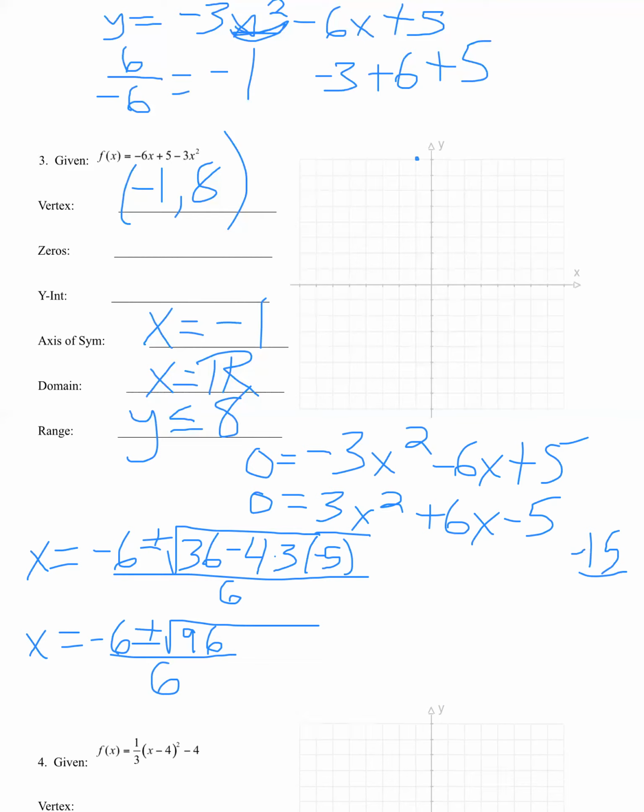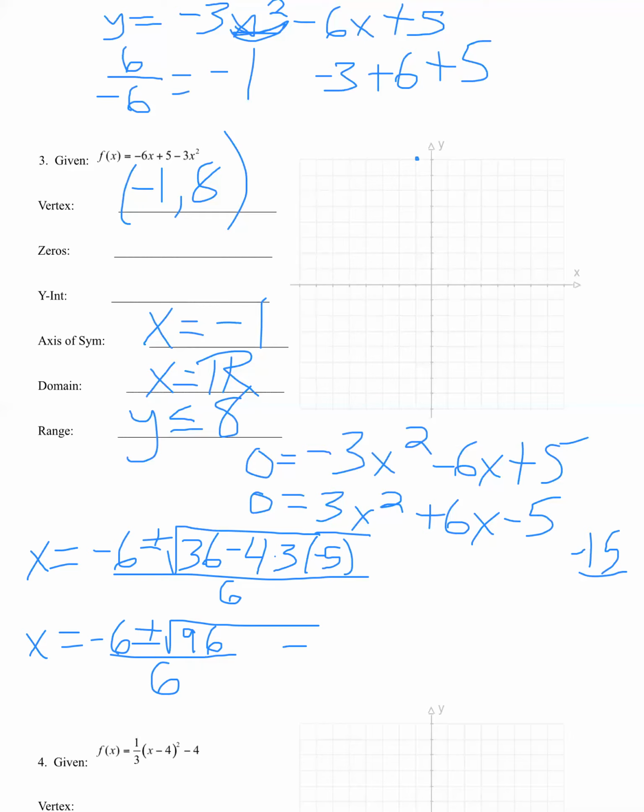Okay, so 96 isn't a perfect square, but does it have any perfect square factors? Oh yeah, 4, of course. It has 16. Oh yeah, 16, that'll be even better. So let's simplify that.